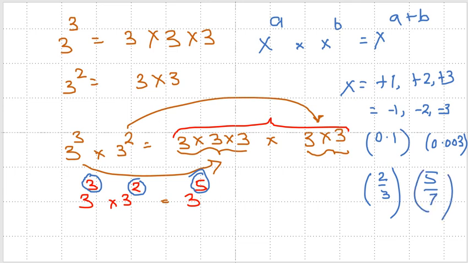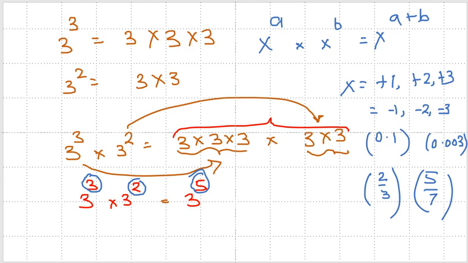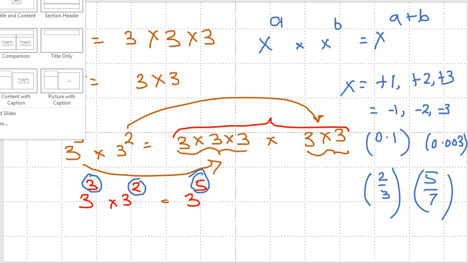So as an example, let's say 1 over 5 to the power 2. Well, it simply means 1 over 5 multiplied by 1 over 5, which is 1 over 25, right?